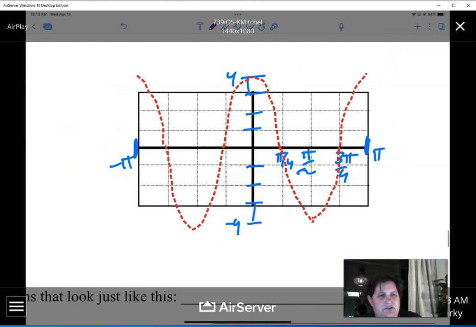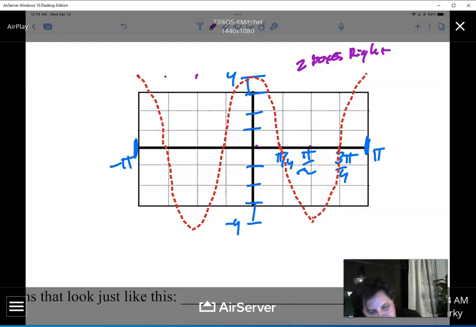Now, if I look at this graph, pi over 2 is 2 boxes to the right. You guys see that? Because it's like pi over 4, pi over 2. So I'm going to move this 2 boxes, 2 boxes, 2 boxes, 2 boxes.